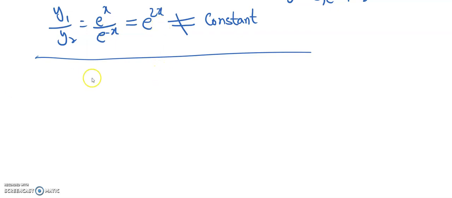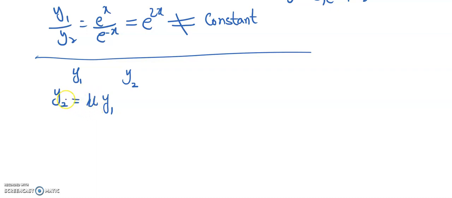So if we know one solution y1 and we want to find the second solution y2, then y2 will be some multiple of y1 by some function u. It will not be a constant.